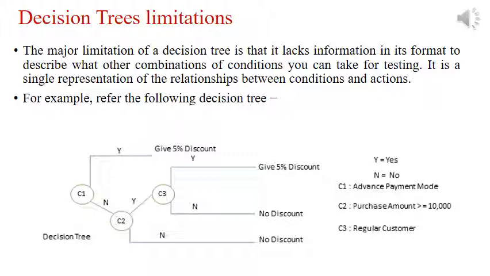If not regular, then we are giving no discount. Whereas if the second condition is not true, then there is no discount. So here we are simply talking about the limitation that other combinations of conditions we cannot take for testing, meaning what the decision was. So this is the limitation.